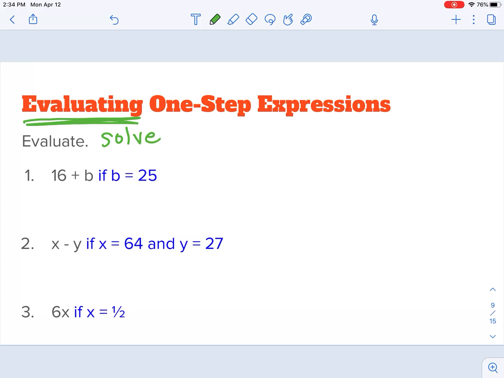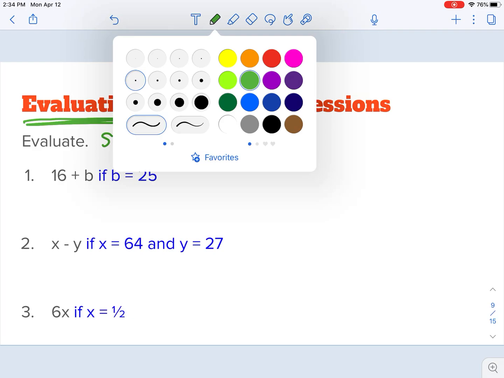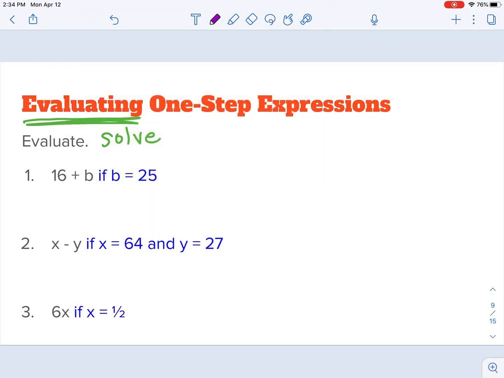So over here, I'm going to do these 3 examples with you, and then you're going to try some on your own. I have the expression 16 plus b. It is telling me that b is 25. And you might hear the word plug in or substitute. Those are words that we often use when we're solving algebraic expressions.